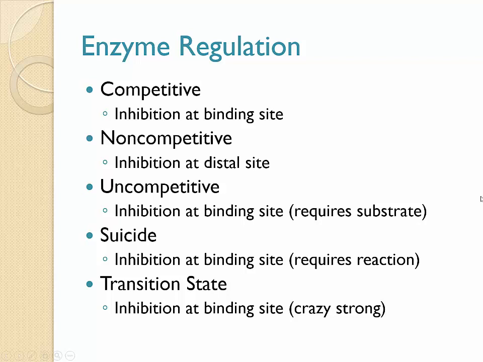This one's really weird. Suicide inhibition, where there must be chemical reaction, but then the enzyme is ruined afterwards, and transition state, which is very difficult to explain, except we're going to create an inhibitor that mimics the transition state, and enzymes are just shut down at ridiculously low concentrations of inhibitor. These are crazy.